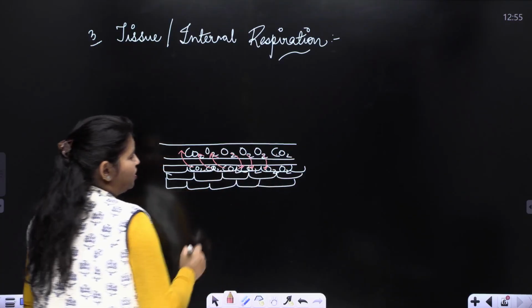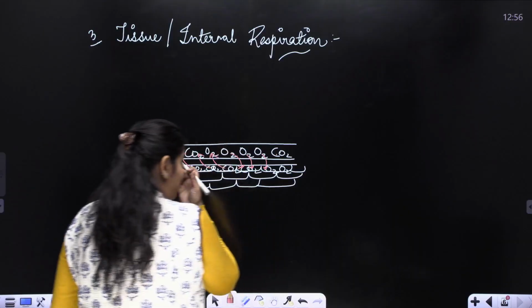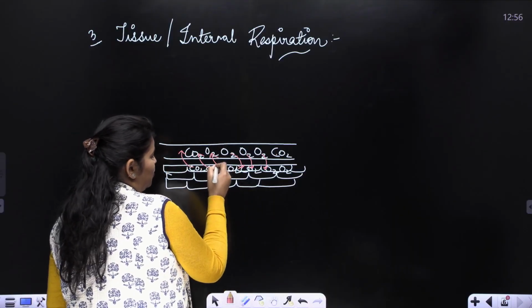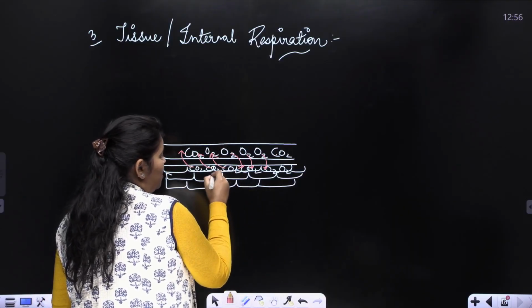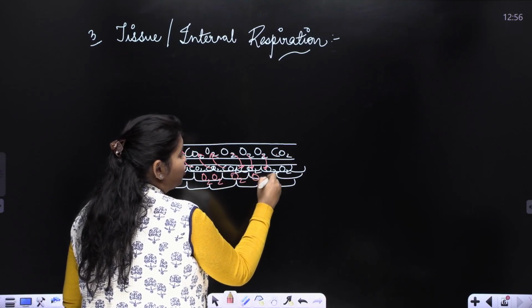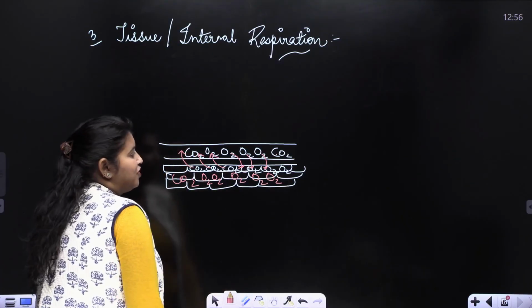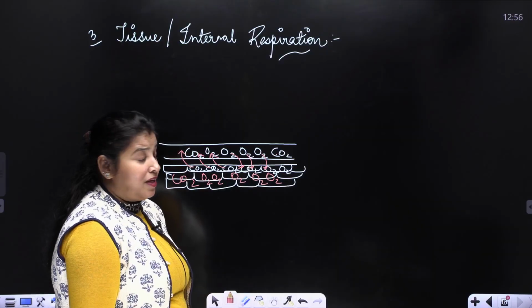And as a result, what is going to happen? The blood or the gases which were present in the blood now enter here, and the tissues get more oxygen for respiration and they get rid of carbon dioxide.